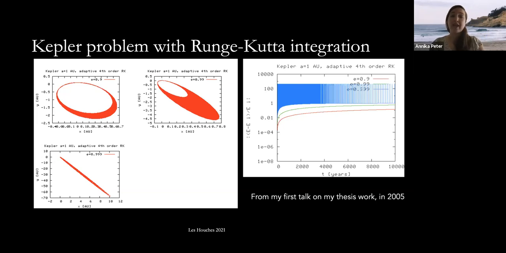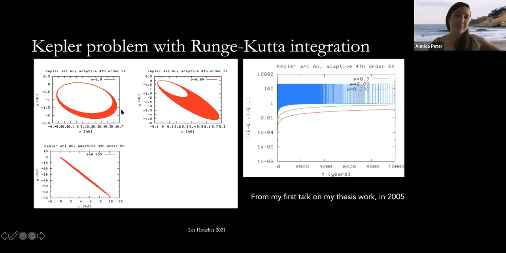Okay, so I'm going to show an example here. In each of these panels, I'm showing an orbit with a different eccentricity. In all these cases, I've chosen to have an Earth going around a sun, but I've changed the eccentricity of the Earth's orbit.